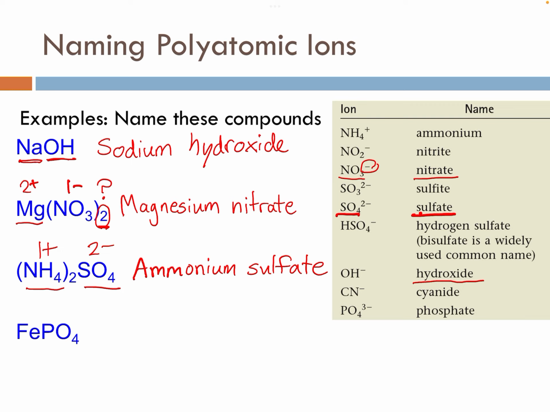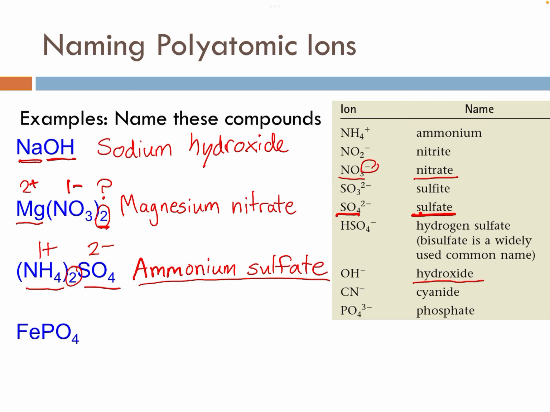So that means that ammonium wants to give away 1 electron, but sulfate actually wants 2. So I'm going to need 2 ammoniums in order to get enough electrons for that 1 sulfate to get everything it wants. So that's accounted for just because of the charges. I don't have to indicate that anywhere in my name. Ammonium sulfate is all I need to show that there would be 2 ammoniums for every 1 sulfate.